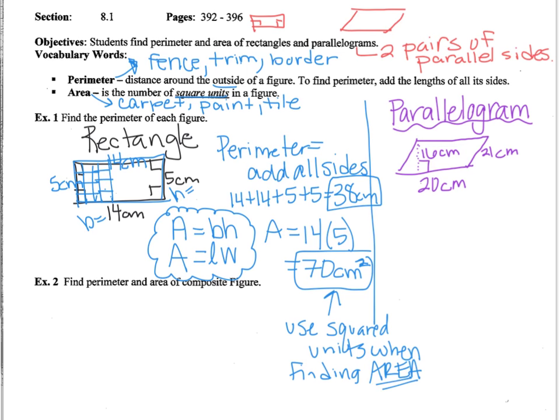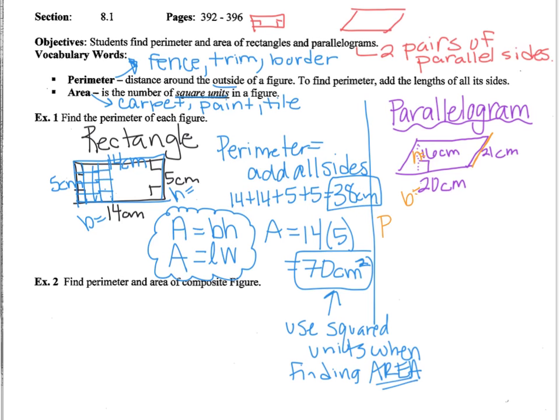Okay, off to the side, I went ahead and drew a parallelogram. So go ahead and sketch that out with me. So the parallelogram has a base, and then it has the slanted side, that is 21, and then the height is 16. So base of 20, a height of 16, and the slanted side is 21.